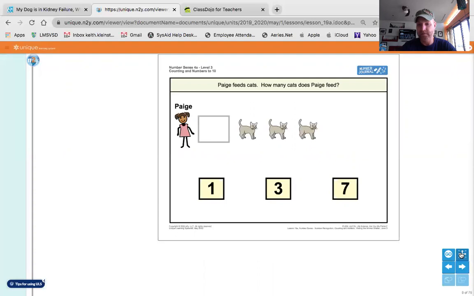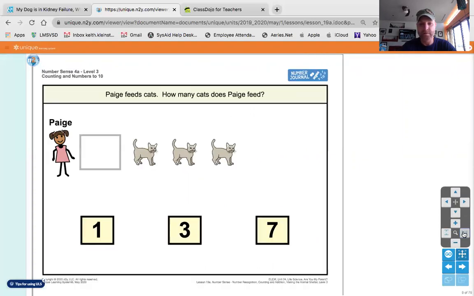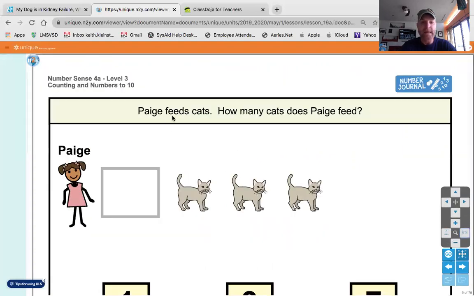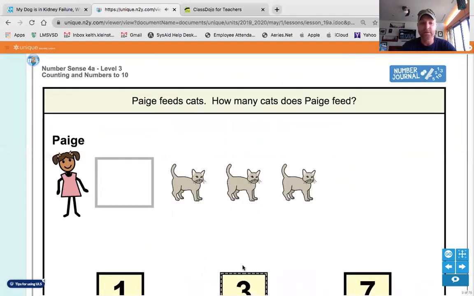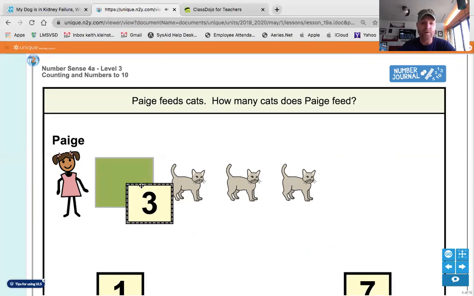Okay. See how this looks bigger. Paige feeds cats. How many cats does Paige feed? Let's count them. 1, 2, 3. So we need to identify. Where's 3? There's 3. Bring her on over.